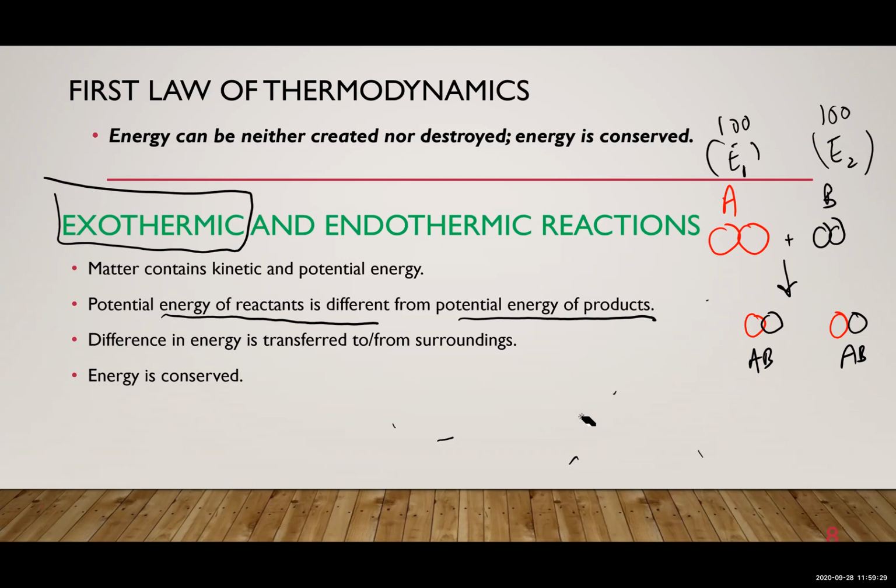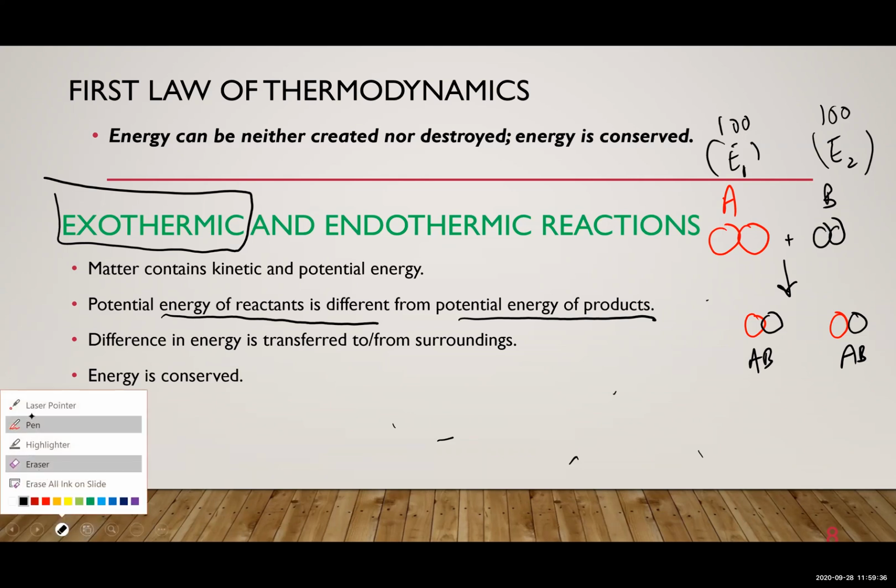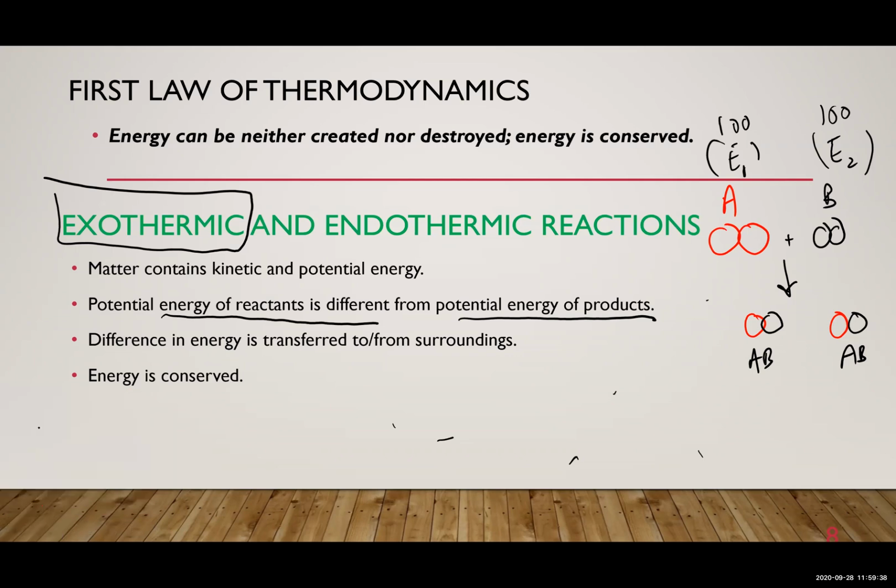Let's say starting money was 100 for A and 100 for B, but after they react, now for some reason they have $300. Now 300 is more than the combined sum of their starting value, right? So how can they have 300 now? What would have happened? Where did the extra 100 come from?